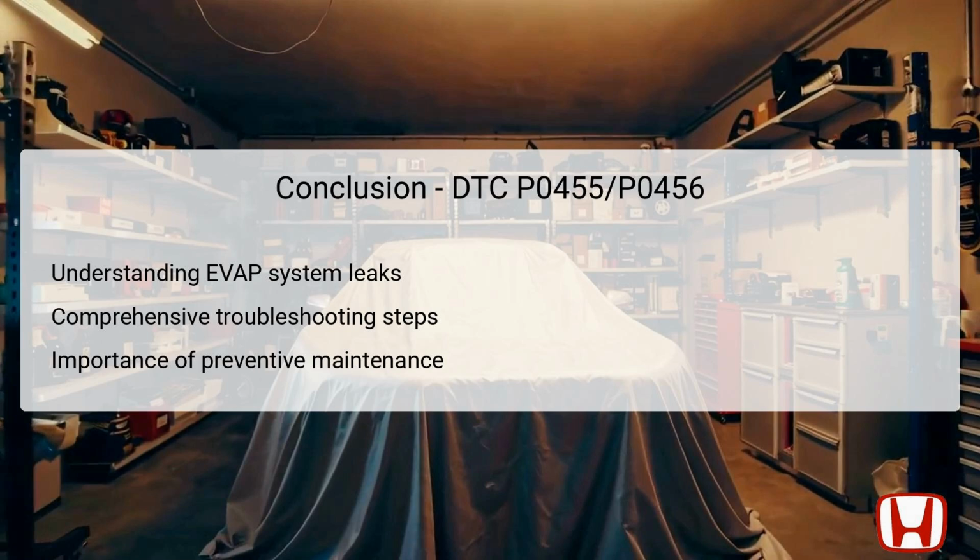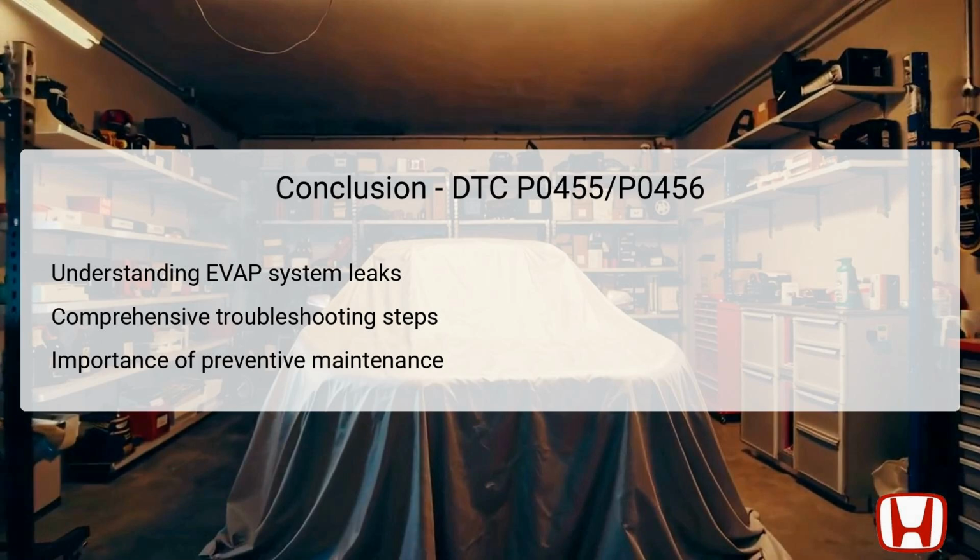In summary, understanding the implications of DTC P0455 and P0456 related to the EVAP system is critical for maintaining Honda Accords manufactured between 2017 to 2023. With a comprehensive troubleshooting procedure in place, one can efficiently diagnose and resolve the issues linked to evaporative leaks.